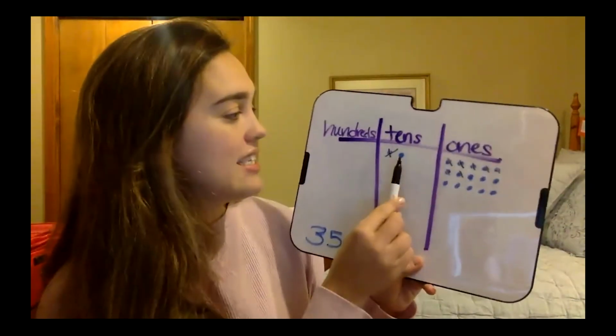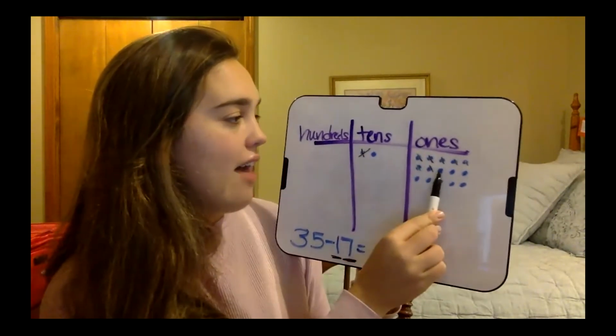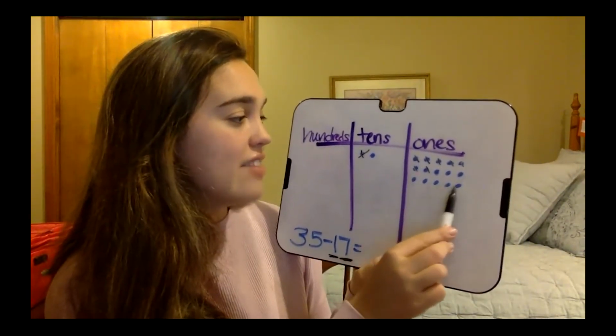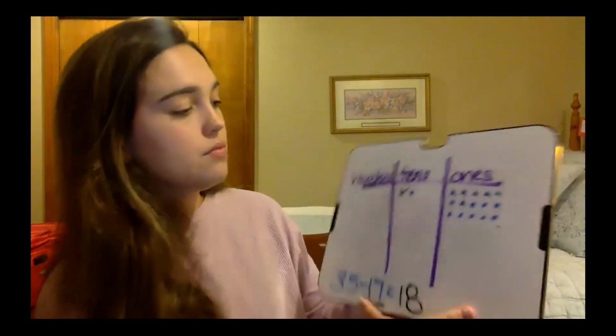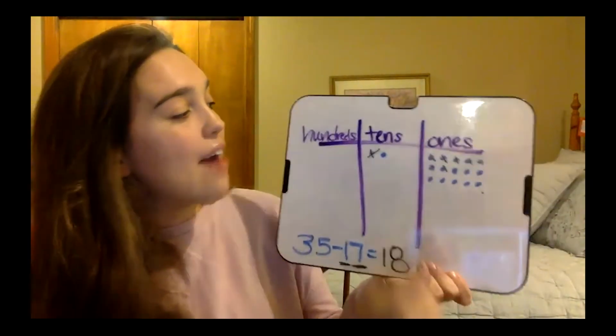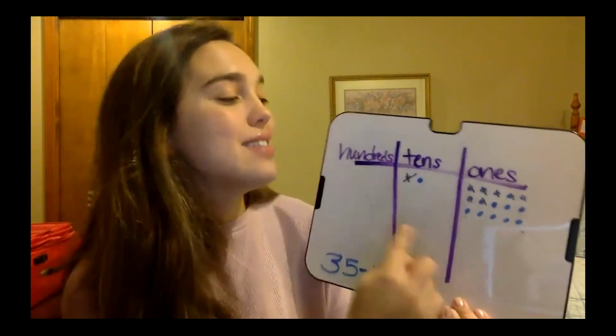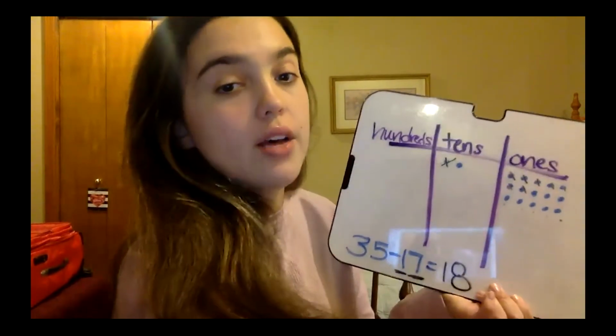Ready? 10, 11, 12, 13, 14, 15, 16, 17, 18. 18. All right, so we have taken away our 1 ten. We have also taken away our 7 out of our ones column.